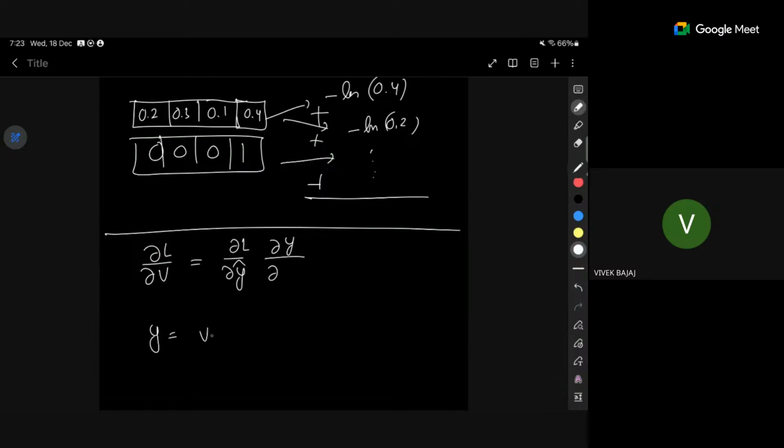Let's say y is V·ST plus C, and this whole term I'm calling A. Then I know dA by dV, right? So this is what I have to do, and I'll be able to get the back propagation.